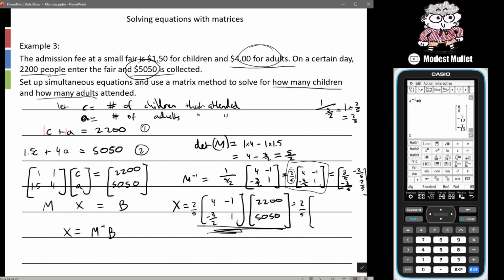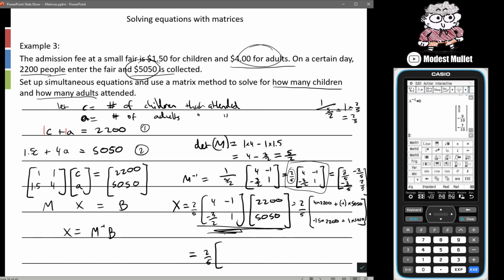So we're going to do 4 by 2200 plus neg 1 by 5050. And then we're going to do negative 1.5 times by 2200 plus 1 by 5050, which, let's leave the 2 over 5 out the front.